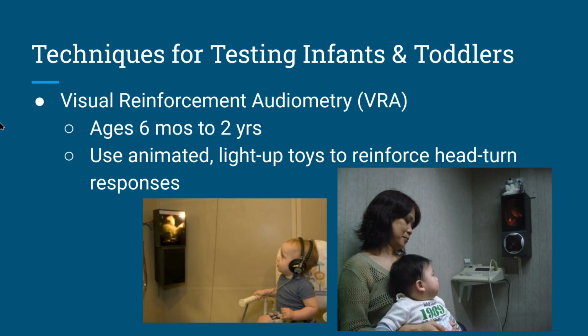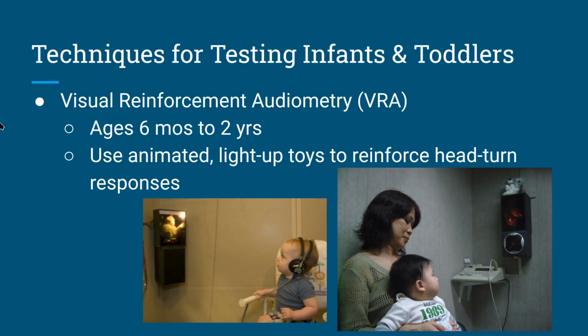Lastly, we have visual reinforcement audiometry, ideally for 6 months to 2 years old. Use animated light-up toys to reinforce head turns or responses. Also use narrowband noise or warble tones when presenting in the sound field. Visual reinforcers, either with toy animals that dance around or video clips on a computer monitor or tablet, can be helpful.